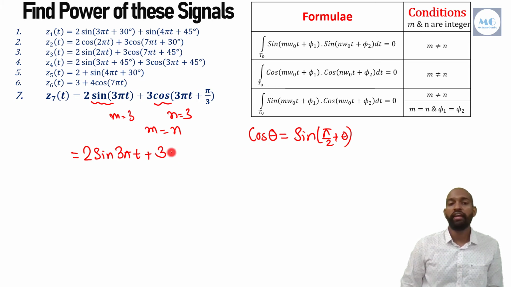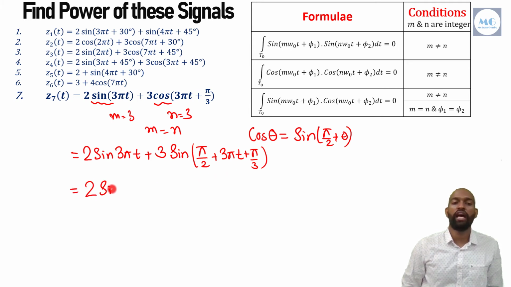So in place of cosine, I will write sine pi by 2 plus 3 pi t plus pi by 3. In simplified manner, I can write it as 2 sine 3 pi t plus 3 sine 3 pi t plus pi by 2 plus pi by 3, which is equal to 5 pi by 6.